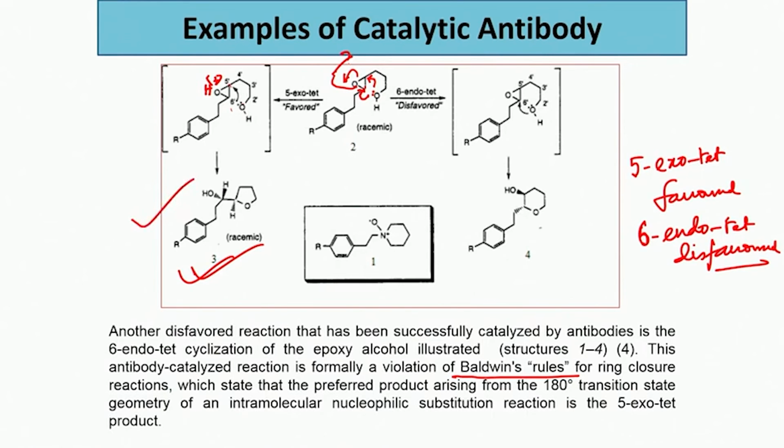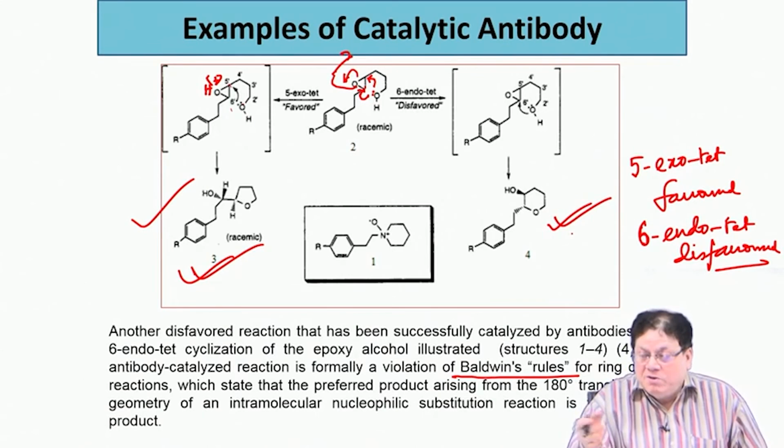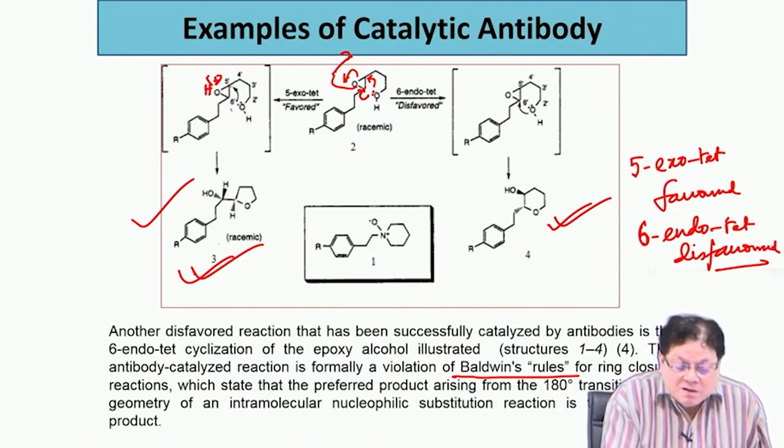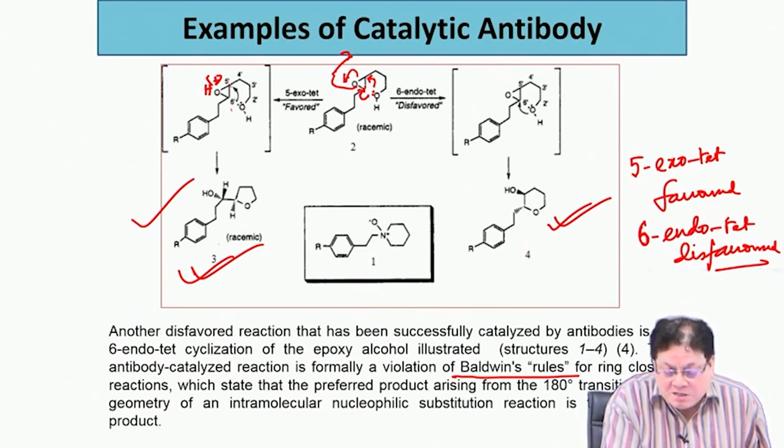But if your target is to make this compound, then the question is how to make a disfavored reaction favored. So, what was done is that when this is attacking in the disfavored reaction, which is the endo, part of this C-O bond is now broken.